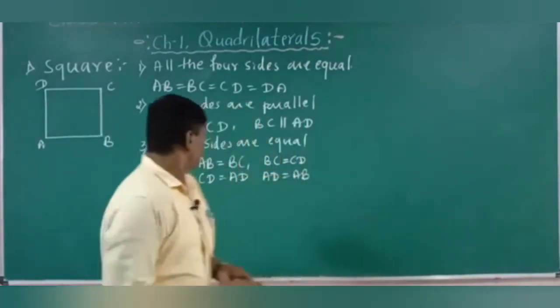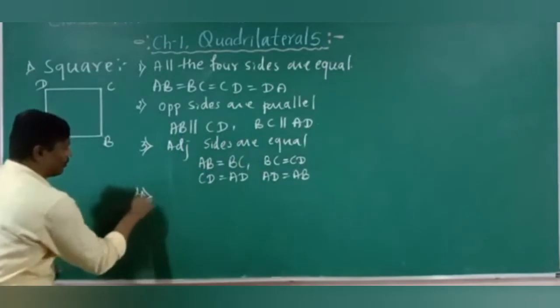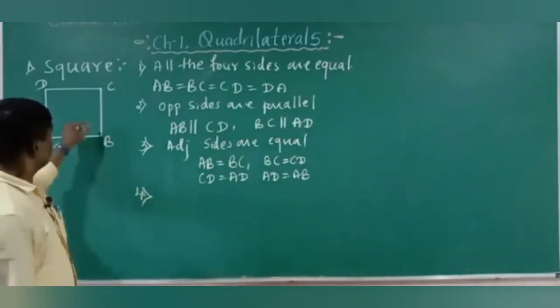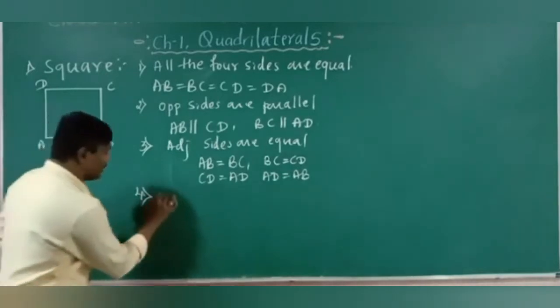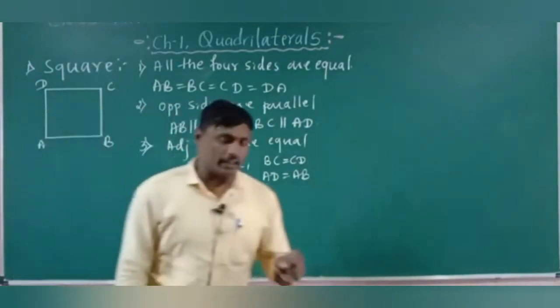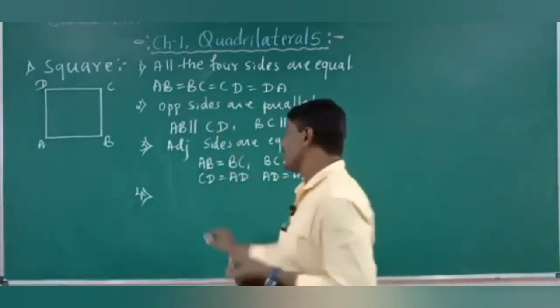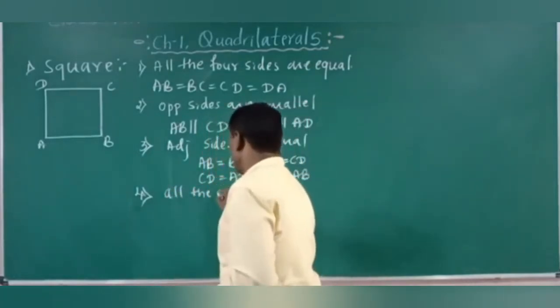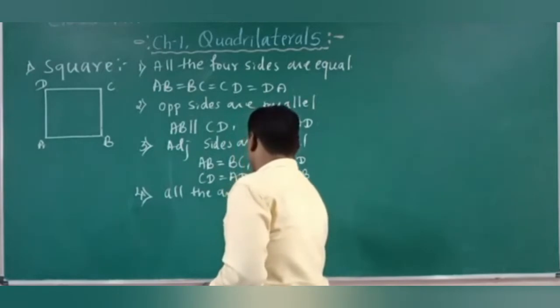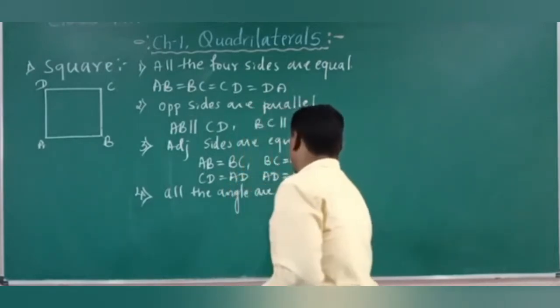Okay. Next, fourth property of the square. Each angle of the square is always 90 degree. It means each angle is measuring 90 degree. So all the angles are right angle.